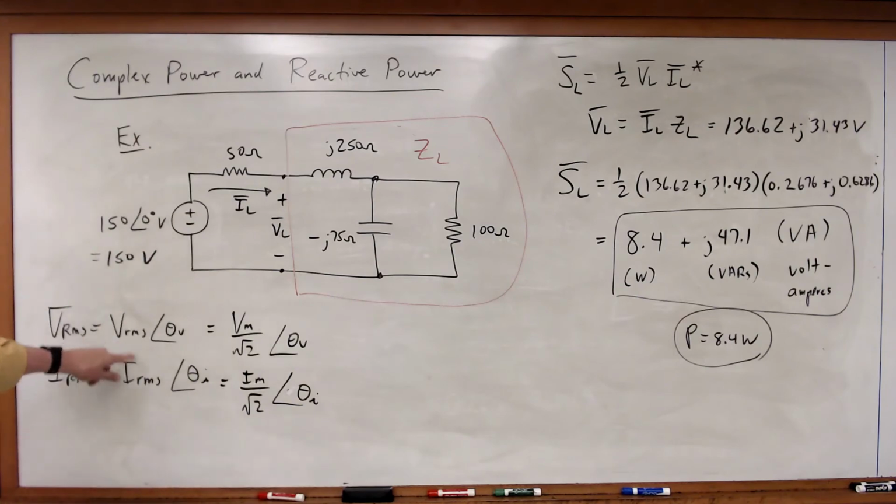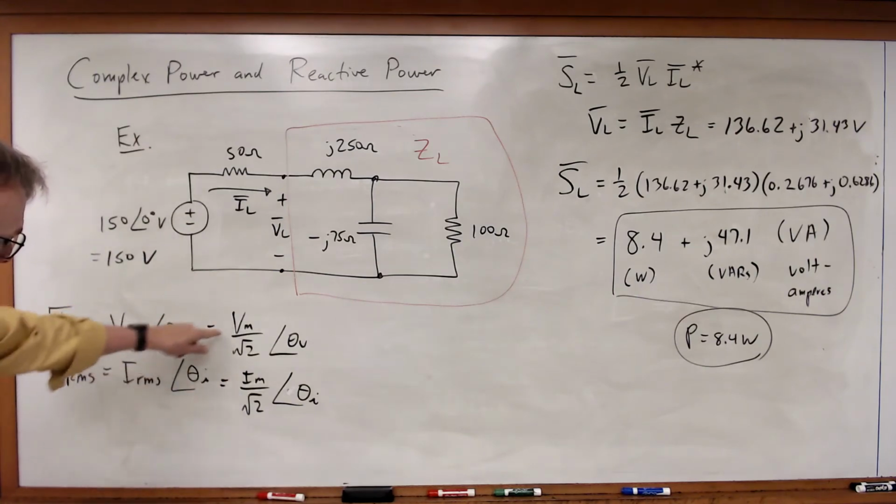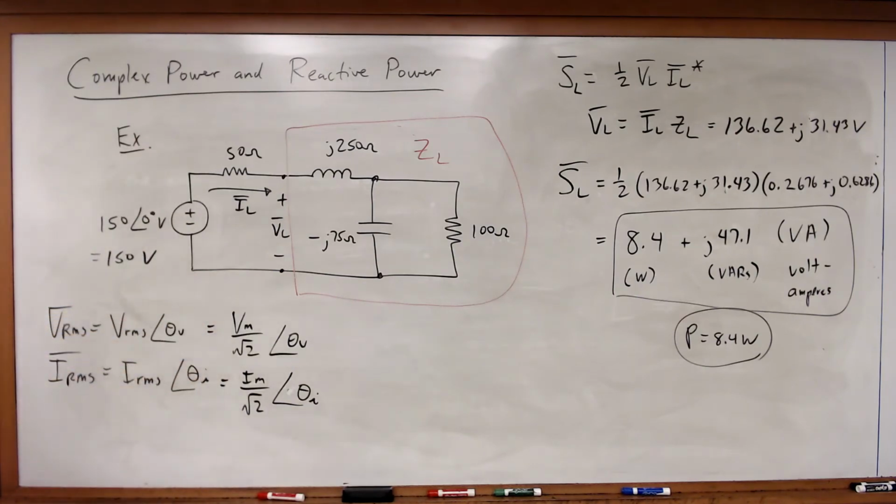So all I'm doing here is converting those magnitudes from RMS to our original Vm and Im.